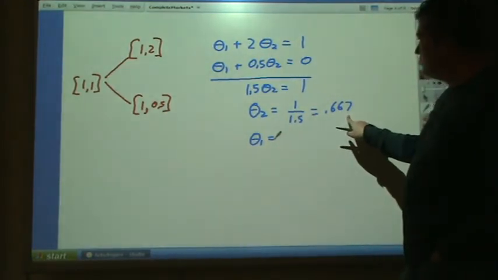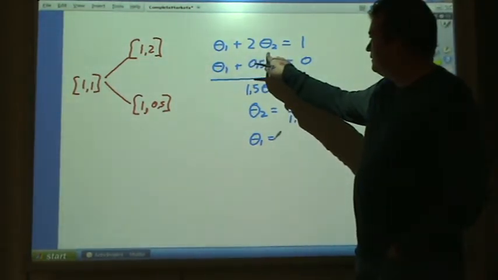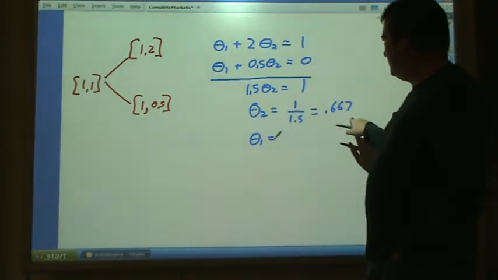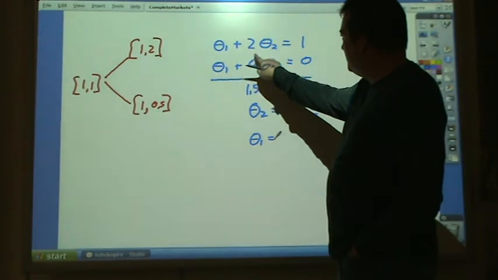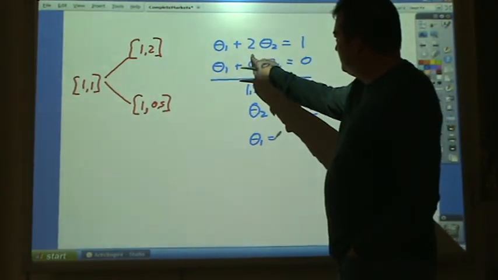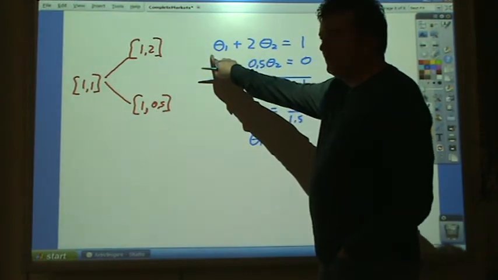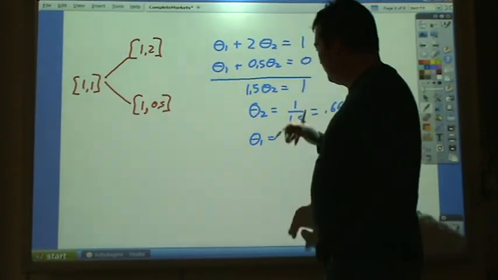If theta 2 is 2/3, then, what's the easier line to use? 2/3 times a half. All right, 2 times 2/3 is 1 1/3. So this would have to equal what? This plus 1 1/3 equals 1. Negative a third.